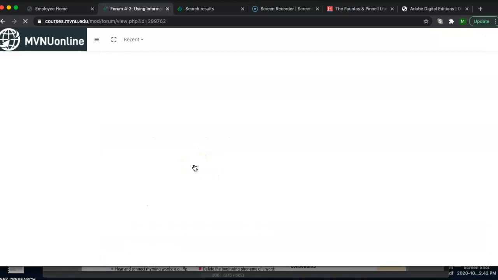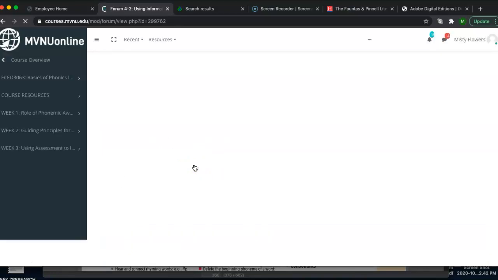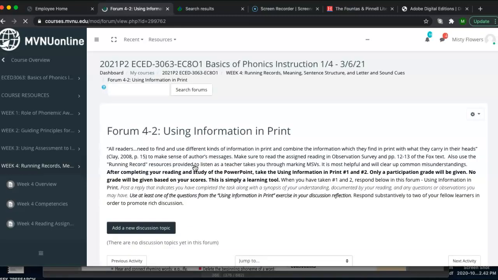For 2, using information in print. All readers need to find and use different kinds of information in print and combine the information which they find in print with what they carry in their heads to make sense of an author's message.